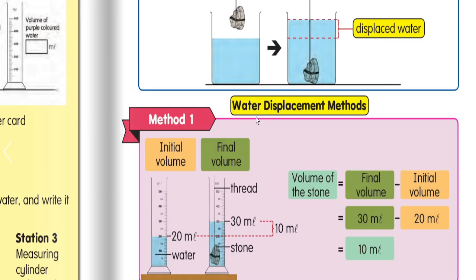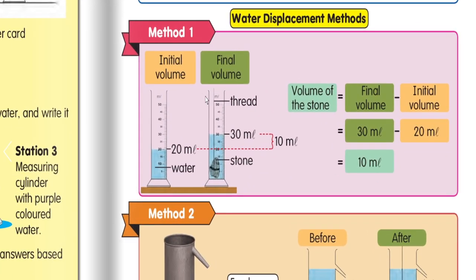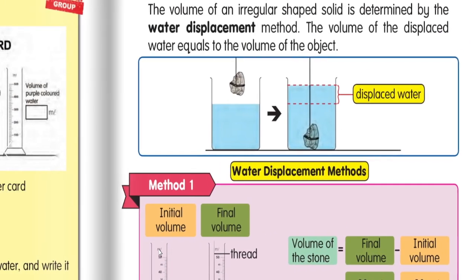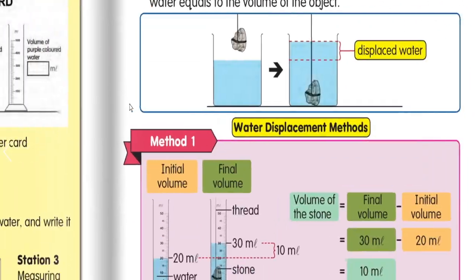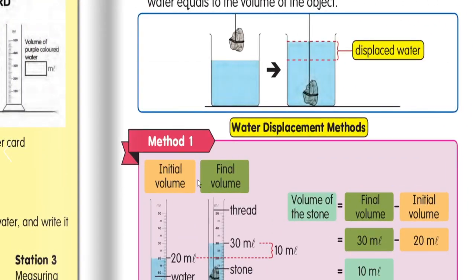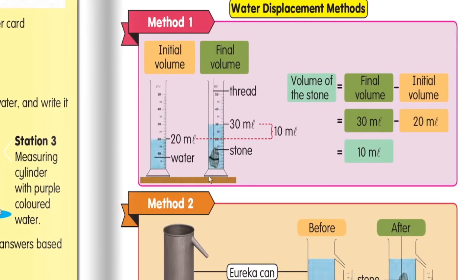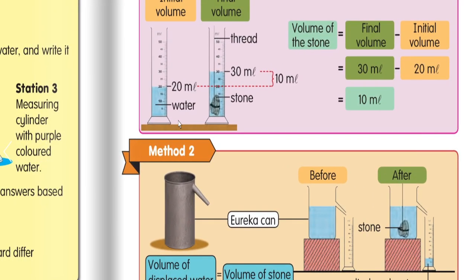This method is called the water displacement method, which is used to find the volume of irregular objects. And this question was in your science practice test paper that we did that day, if you remember.